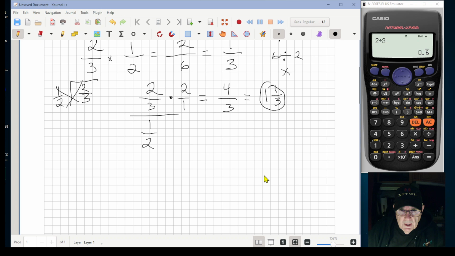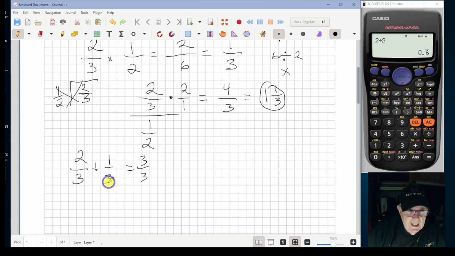All right, let's get down to adding and subtracting. The evaluation, of course, is different, but the process is the same. Now, when fractions have the same denominator, notice that we did not add the denominators.